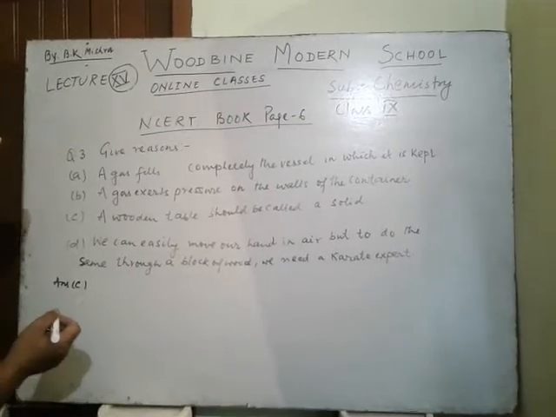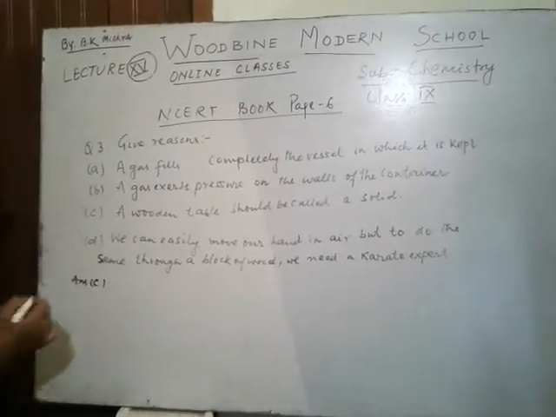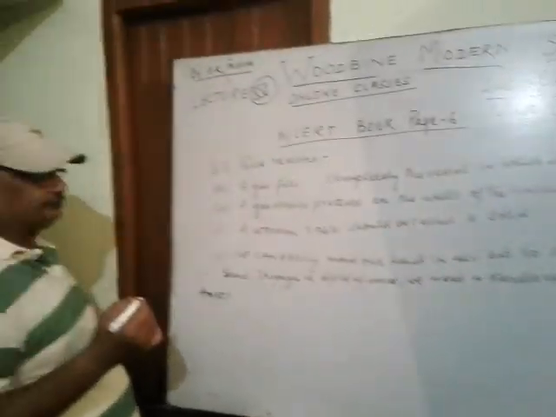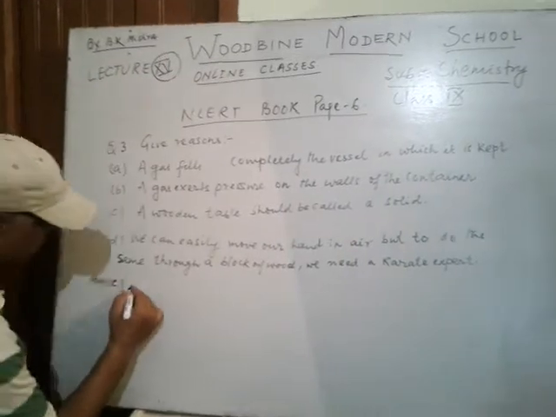A wooden table should be called a solid because it possesses the characteristics of a solid. Let us see.